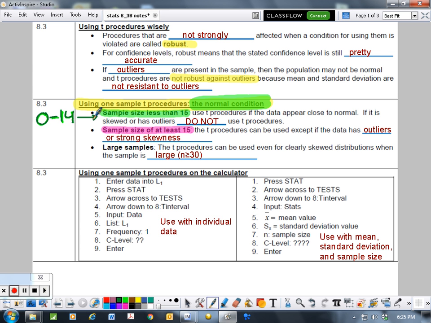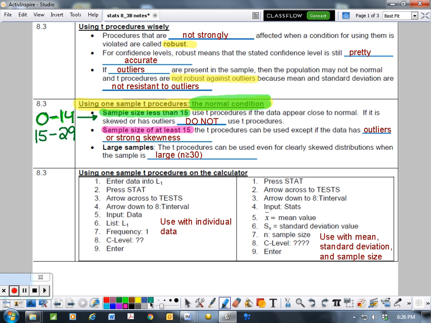If your sample size is 15 to 29, then you can use the T procedures if there's skewness, but you can't use it if there's outliers, and you can't use it if there's very strong skewness. So there can be skewness, just not strong skewness. There can be moderate skewness.